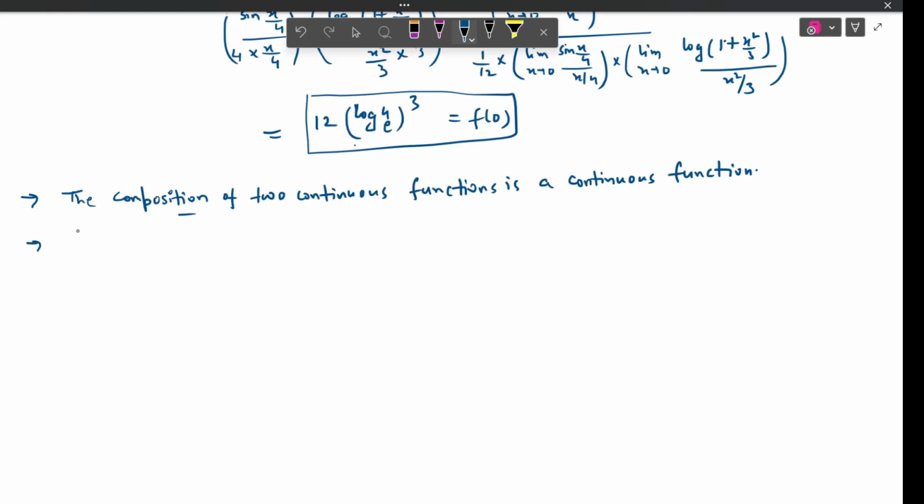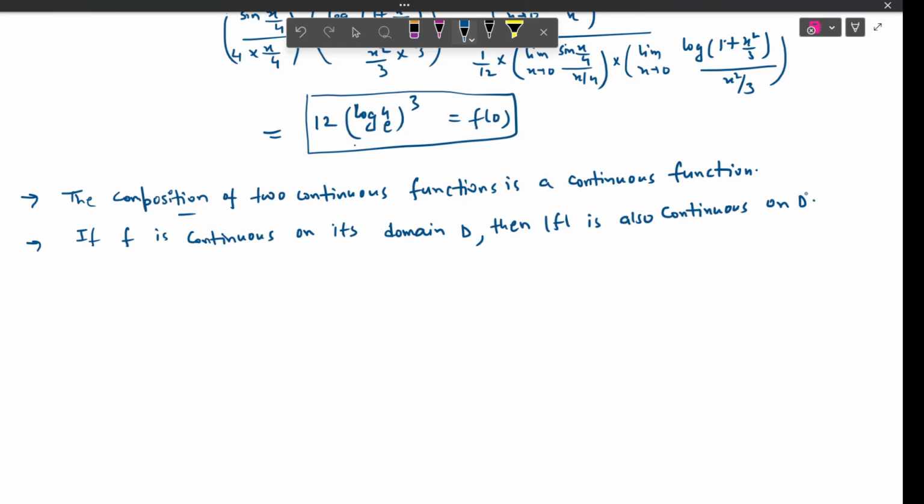Next point, if f is continuous on its domain D, then mod of f is also continuous on domain D. Okay, if f is continuous, then mod of f will also be continuous.